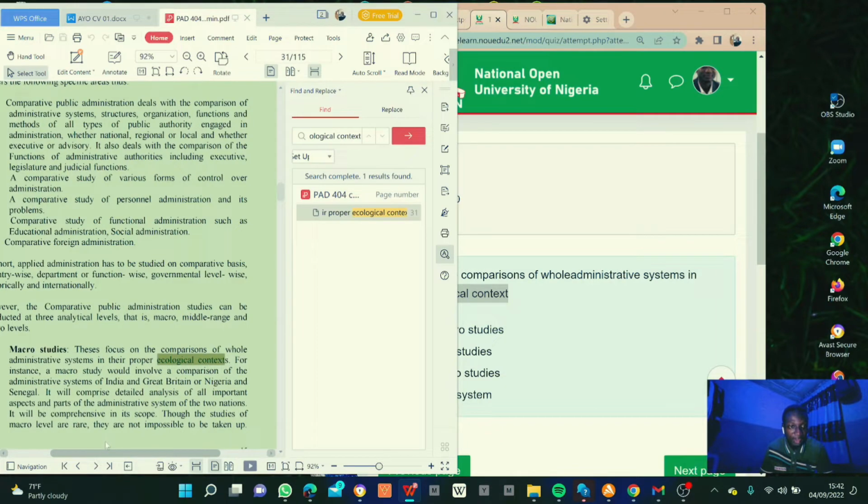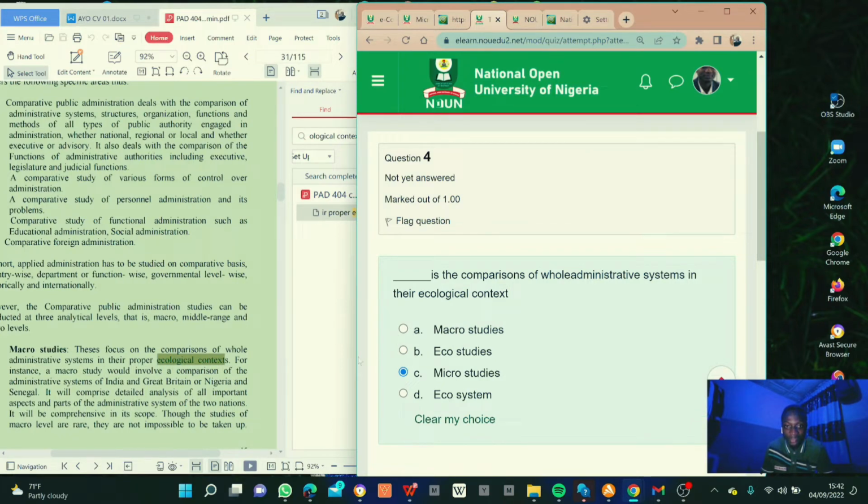It says here, macro study. This focuses on the comparisons of all administrative systems in their proper ecological context. For instance, macro study would involve a comparison of the administrative system and so on. So the answer is obvious. It's macro studies.